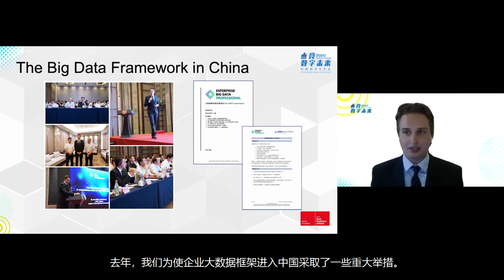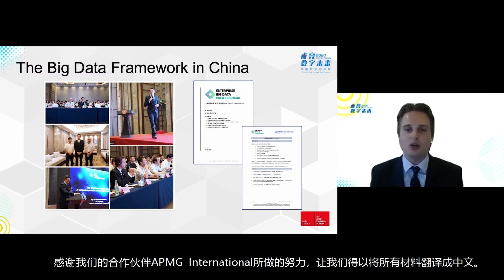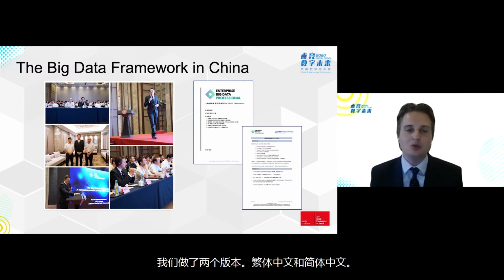In the last year, we have taken some major steps to bring the Enterprise Big Data Framework towards China. And thanks to the hard work that our partner APMG International has done, we were able to translate all of the materials towards the Chinese language. And we've made two different versions.